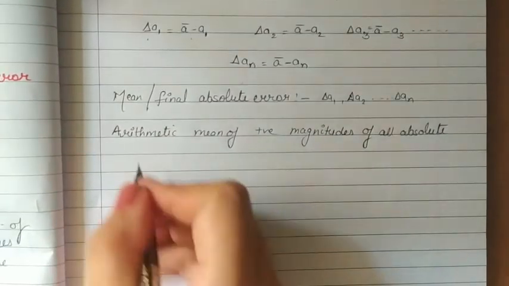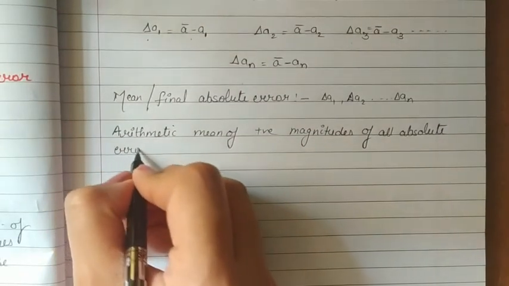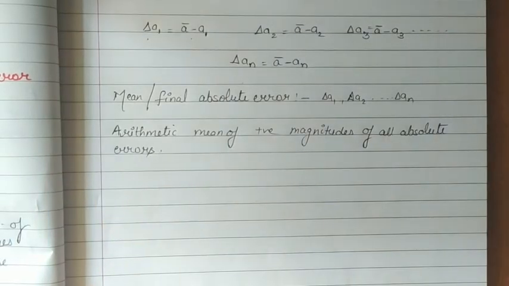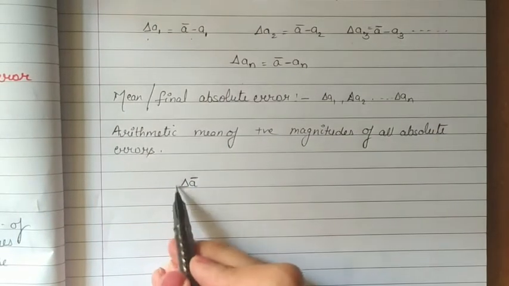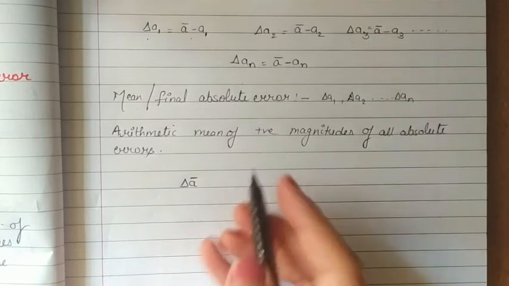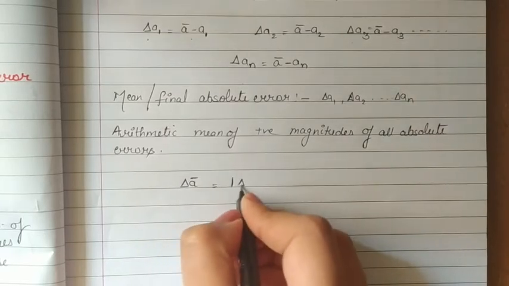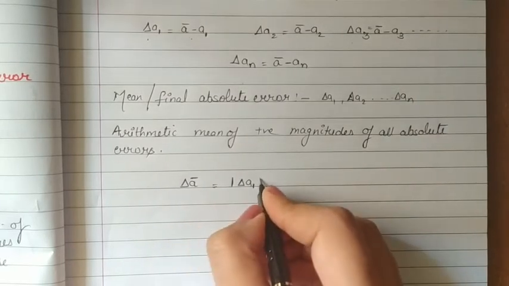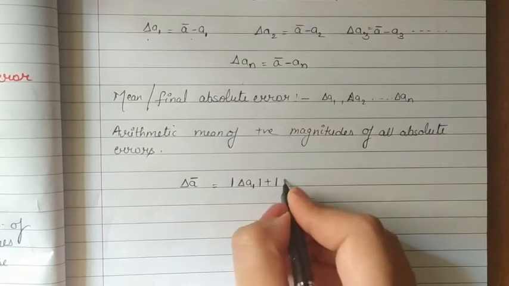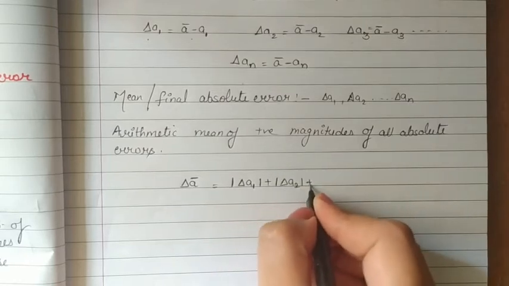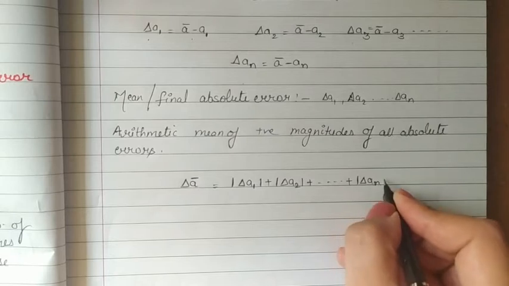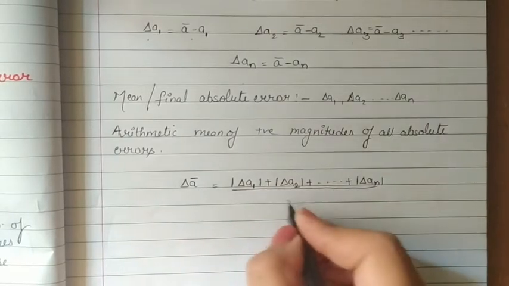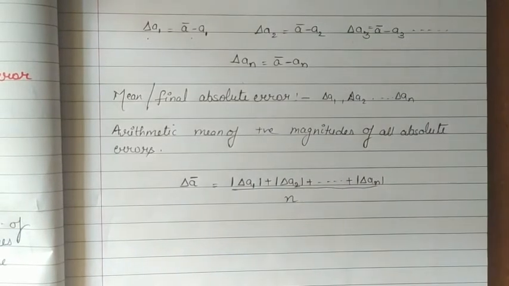Then this is called mean or final absolute error, and it is represented by delta A bar. Right, mean or final absolute error is represented by delta A bar and is given as the positive magnitude of all the absolute errors and their arithmetic mean. This is called mean or final absolute error.